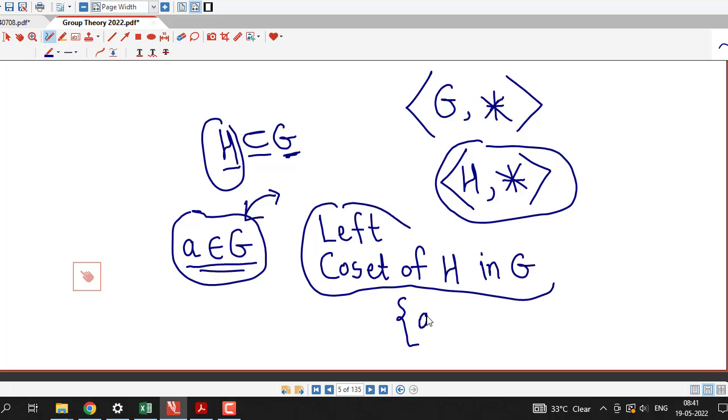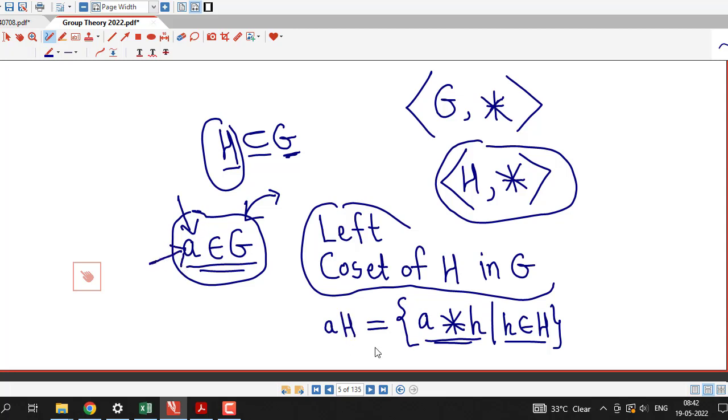So we collect elements of the type a star h, where h is an element of subgroup H. We consider the binary operation for this fixed element a and every element of H, and we construct this set. This set is called the left coset of H in G corresponding to this particular element a.